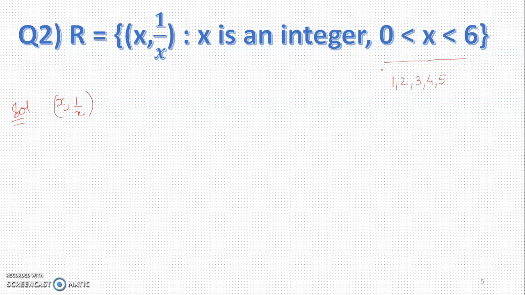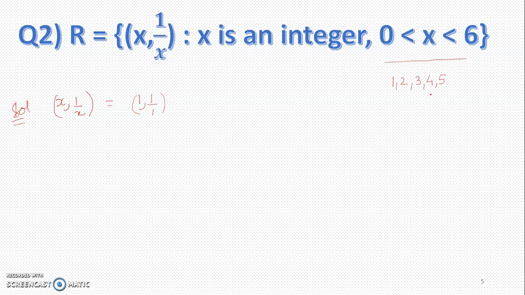So R: x is an integer, and x is less than 6 and greater than 0. Greater than 0 means positive numbers, because less than 0 will be negative. And how is it defined? x comma 1 by x. So what is your x first? 1. So 1 upon 1, you will get this.